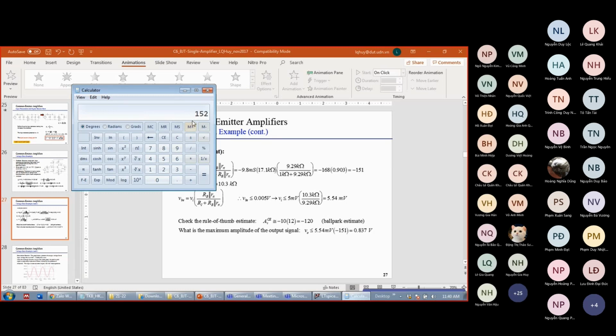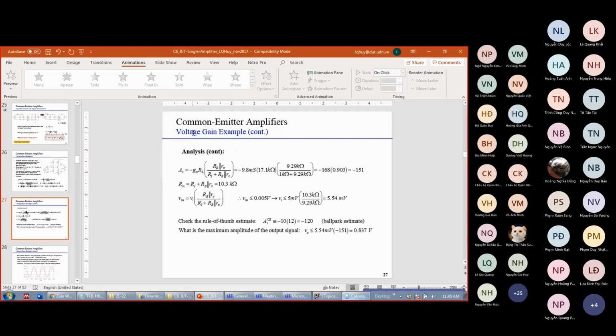The error must be very small: 152 minus 151 multiplied by 100 divided by 152, the error is less than 1%, so nearly perfect. Your hand calculation and the simulation result verified each other very well.